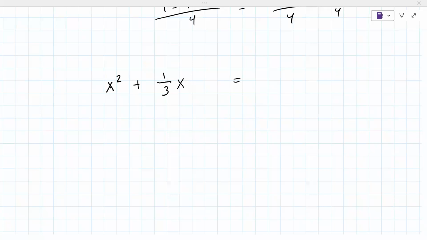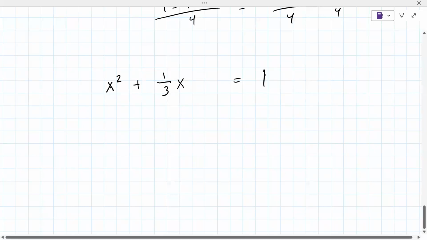Most of them do not work out nicely. This is my last attempt to find one that works out nicely. All right, we'll just go with that. It doesn't work out nicely, but that's okay.